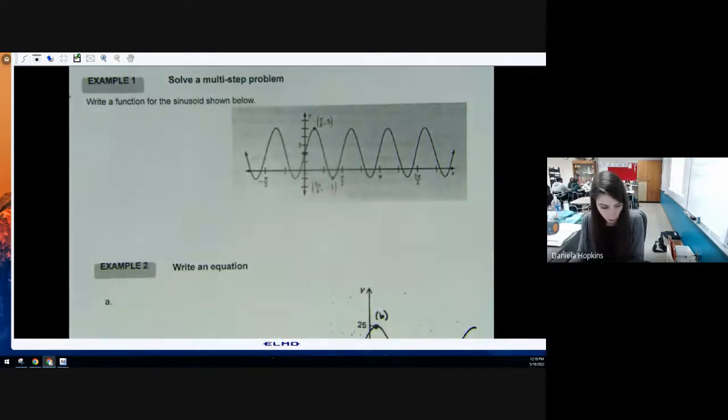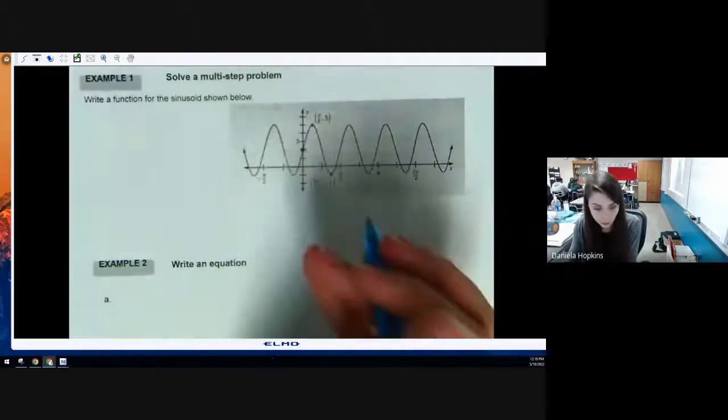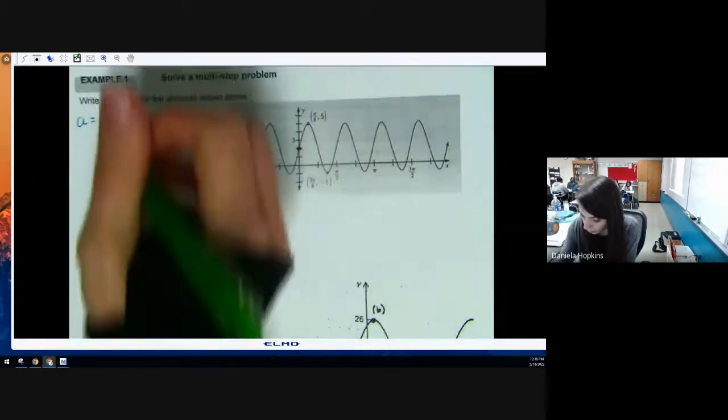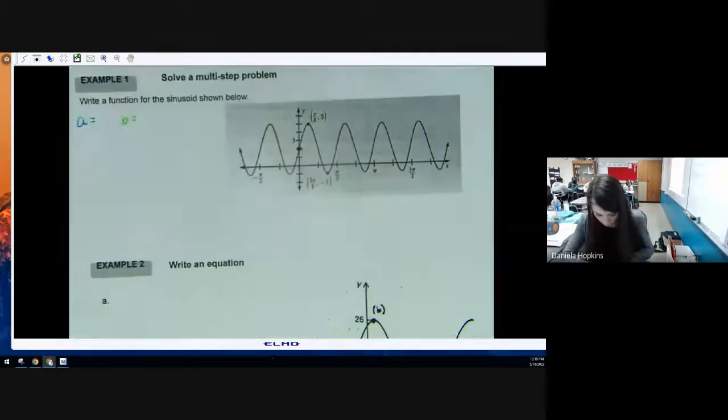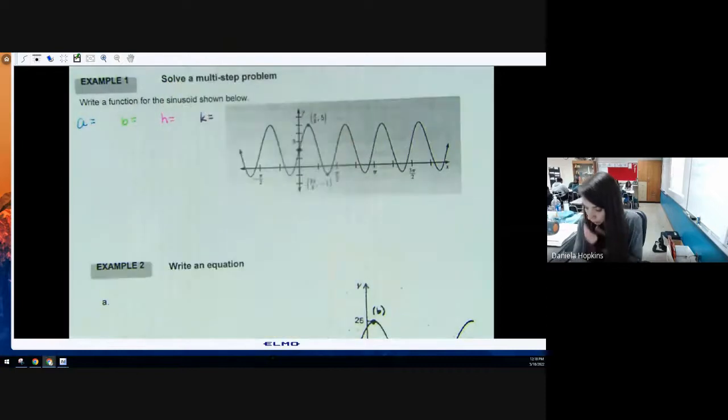Then what we're going to do is name all of these parts so that we can fill them into our equation. So I want my A, my B. We just talked about my H, but put it there anyways. And my K. So what you specifically start with doesn't really matter.